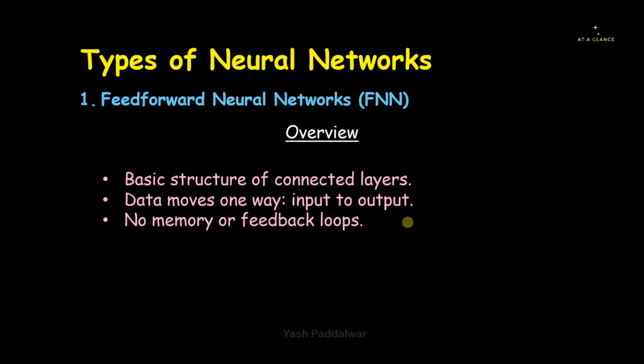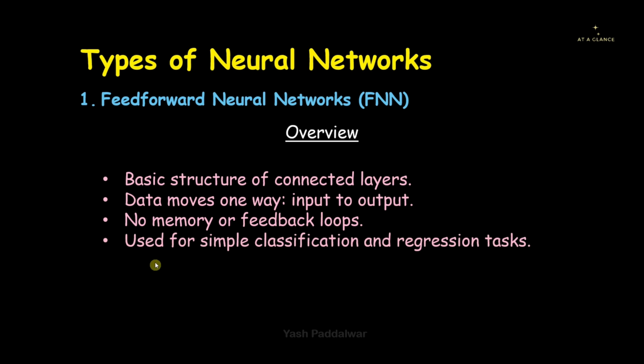It doesn't have feedback loops, that means after every single iteration, it will not provide feedback to the previous neurons. Feed-forward neural networks are specially used for simple classification and regression tasks. So I hope you have got an overview of what exactly FNN are.